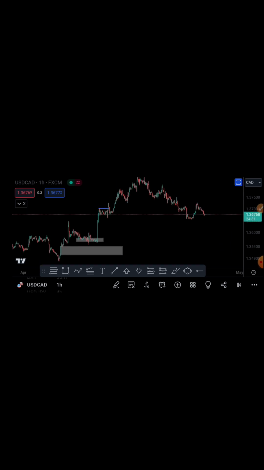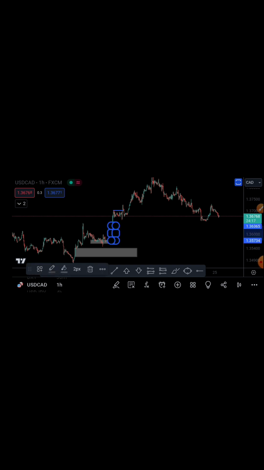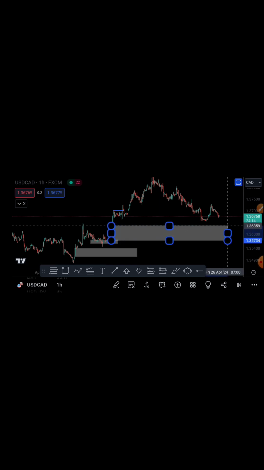Now, anytime you see something like this, the market must fill up this. Now, what will I do? I will just mark this out for future reference. This is a fair value gap. I'll just mark it out for future purpose. Do you understand?